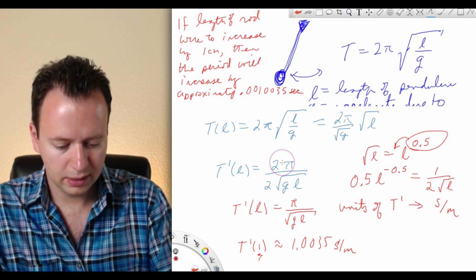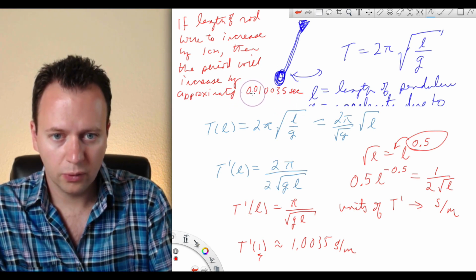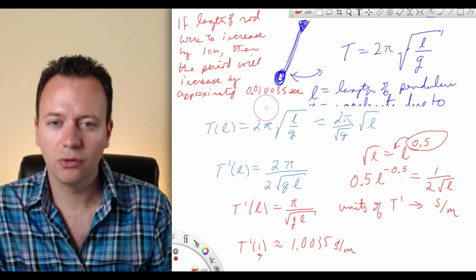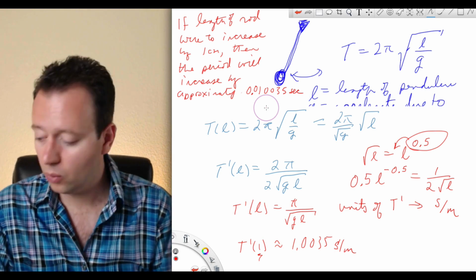Actually, I put one too many zeros in there. So 0.01 seconds. So a 1 centimeter increase in the length of the rod will result in the period increasing by approximately 0.01 seconds.